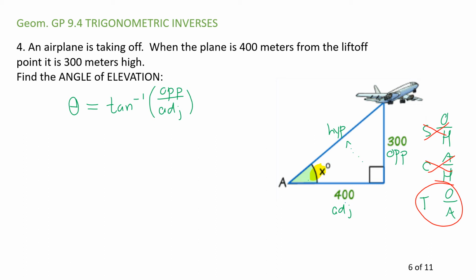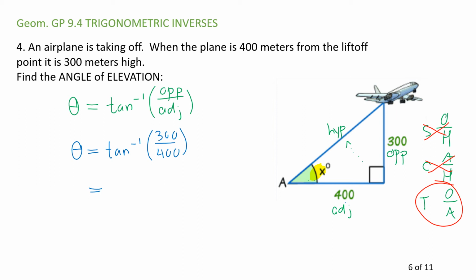So let's figure it out. Theta that I'm looking for, they actually called it x, is equal to inverse tangent of opposite over adjacent. Put that in your calculator and you'll have that angle measure, which to me, looking at the picture, looks like it's about 40 degrees. Maybe it's 37.